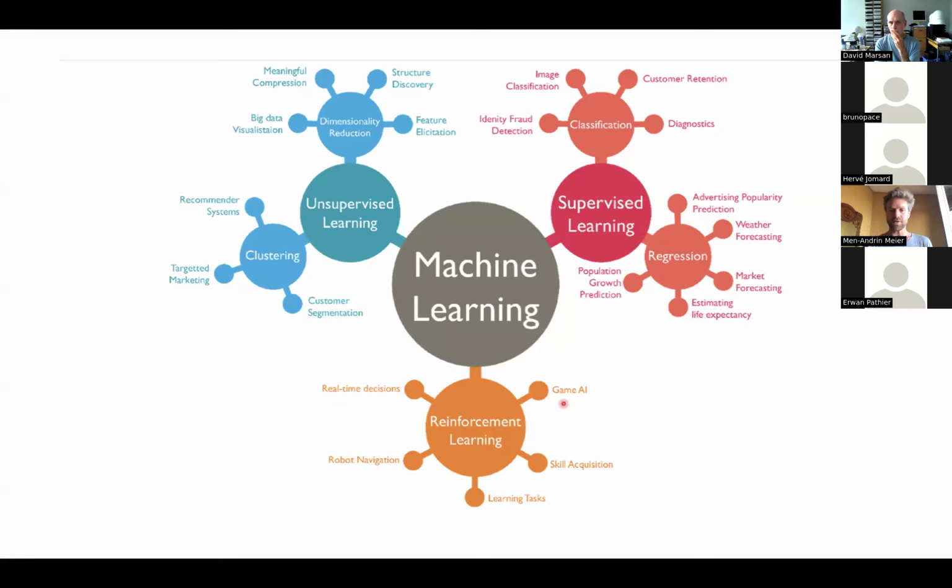Machine learning has a lot of different types. This is a slightly outdated nomenclature already. Today, we're mostly going to talk about supervised learning, where we can do classification and regression tasks with a large labeled data set. There's also reinforcement learning, for example, used in robotics and in gaming. And then there's unsupervised learning, for example, for clustering algorithms.